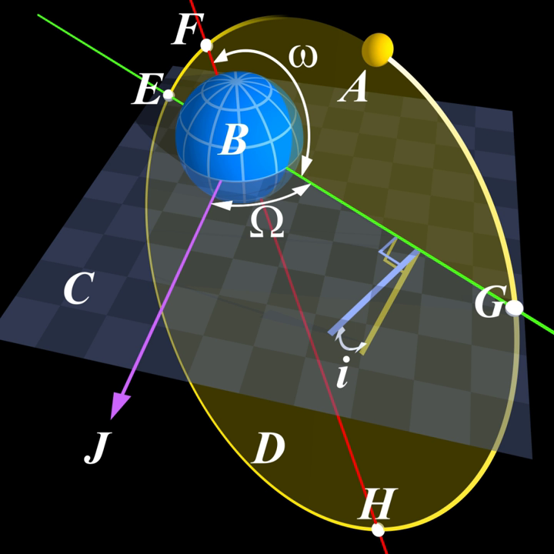So the acceleration of a planet obeying Kepler's second law is directed towards the Sun.